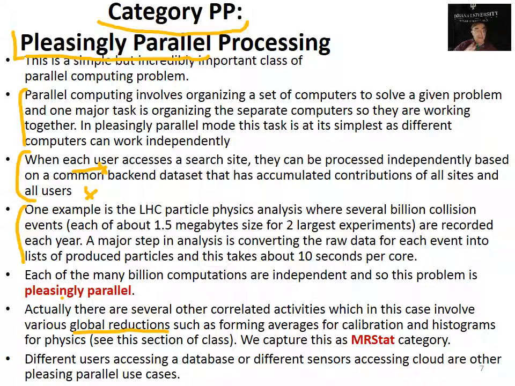So when you have pleasingly parallel applications followed by gathering all the data in very simple statistics, reduction, counting the number of times things happen over all processes, that I call MRStat. So in general, of course, we can generalize the search case to users accessing a database or sensors accessing clouds. Those are examples of pleasingly parallel problems.